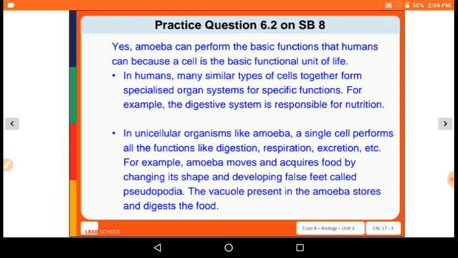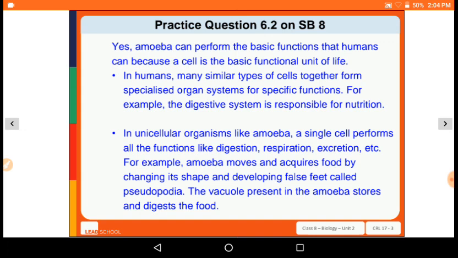In humans, many similar types of cells together form the specialized organ system for specific functions. For example, the digestive system is responsible for nutrition.